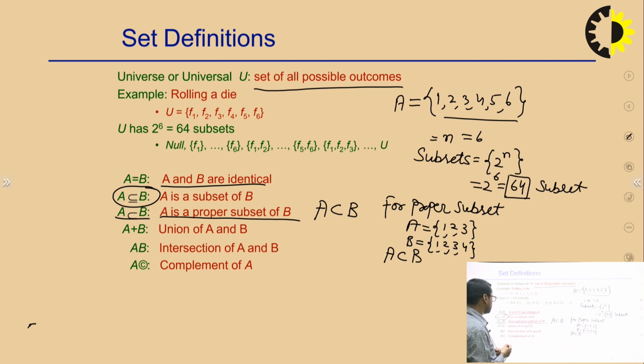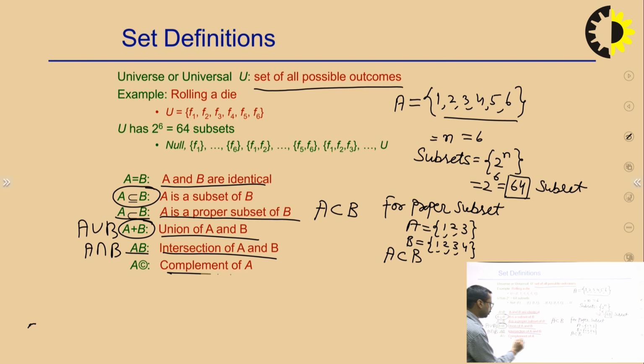For the union of A and B, we represent A plus B. The symbol is plus, or we can use A union B. For the intersection of A and B, we can use this symbol, or A intersection B. For the complement of A, we represent A complement, A C or A bar.